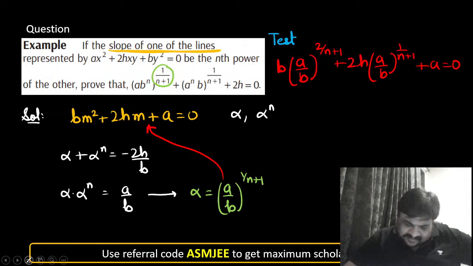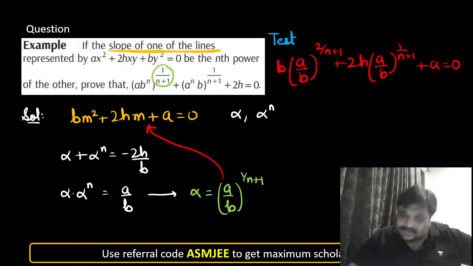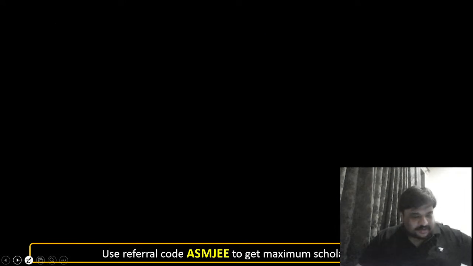Not simplified. Let's leave it like that. We can simplify. Doable? Okay, let's move to the next question. Slope quadratic is very good when the question needs slopes or plays with the slopes, but it is not useful in any other scenario.